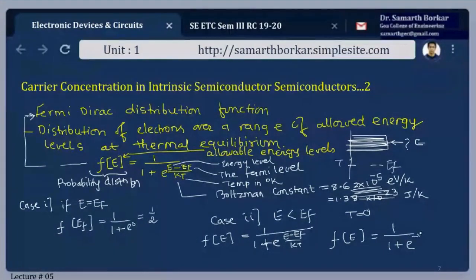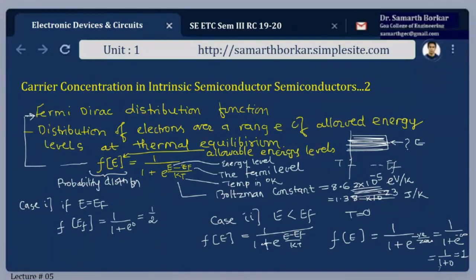The numerator is negative, divided by T, which I am taking as 0. So it is 1 plus e raised to negative divided by 0, which is minus infinity, and e raised to minus infinity is 0. So it is 1 plus 0, equal to 1.